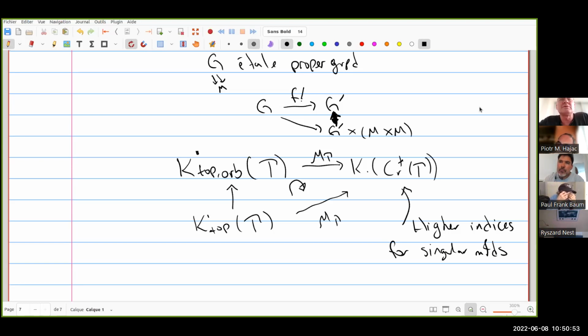Could we say that what you are doing here partially is generalizing this Mackey functors formalism to non-commutative geometry?